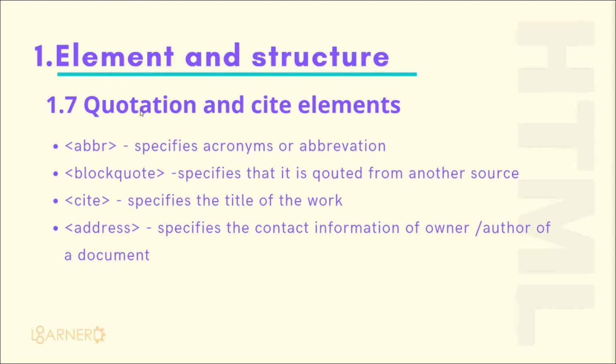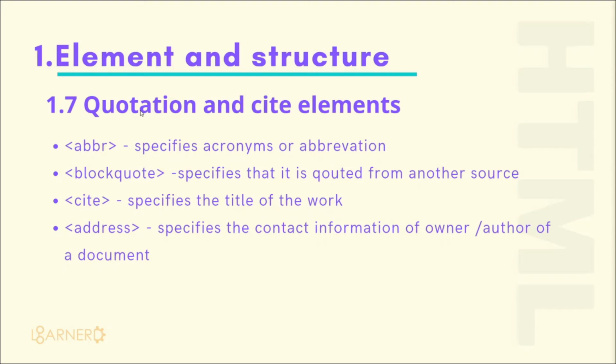The third one is the cite tag, which is used to specify the title of the work. Like a particular section, we might want to add a title, and we can use the cite element, and it will specify the title for that particular section or work. Coming towards the fourth tag, that is the address tag.